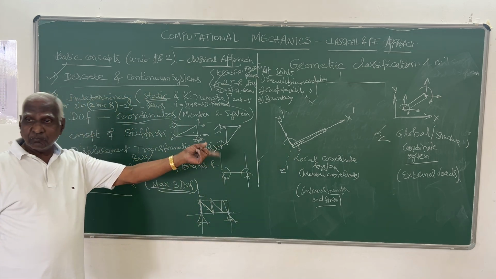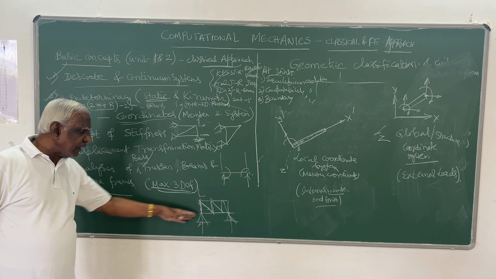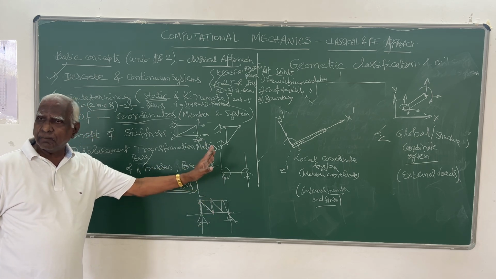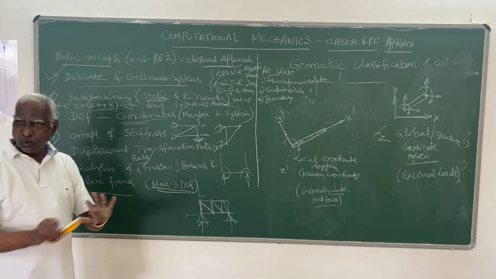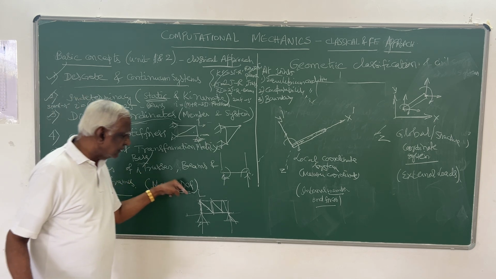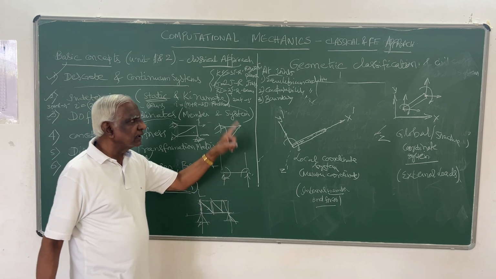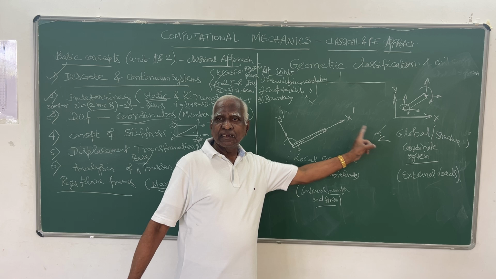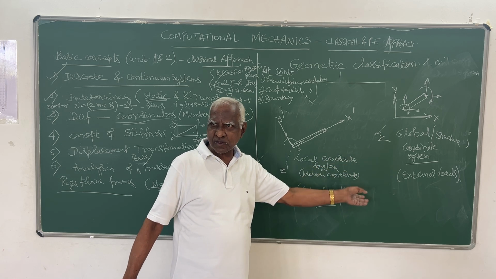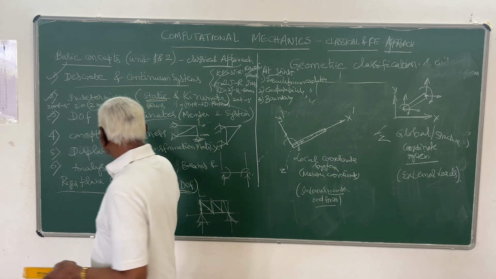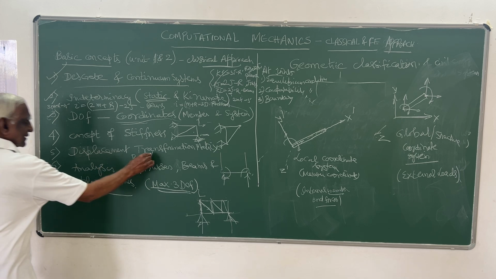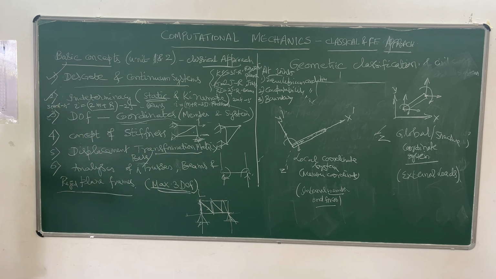So when we see perfectly horizontal or perfectly vertical members or elements, no problem occurs. But the moment there are inclined members, then we have to interrelate them, either forces or displacements. That is called the transformation matrix.